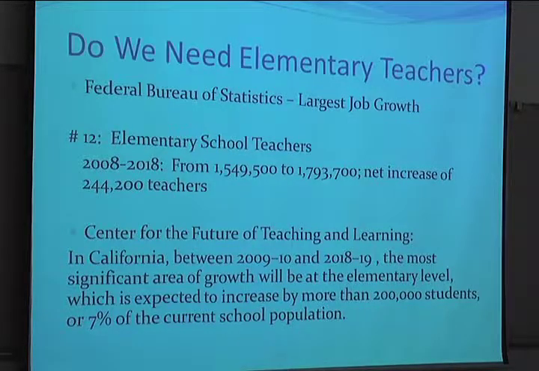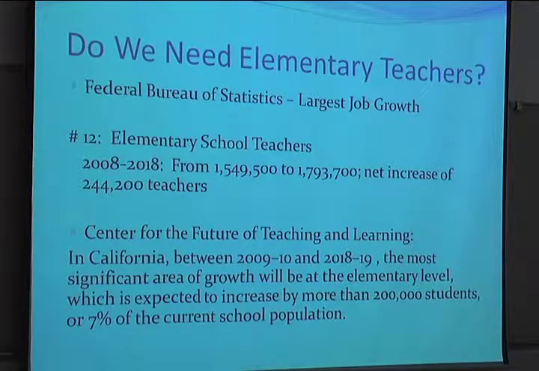So the statistics say that this is the largest amount of growth that's going to be happening in the next 10 years or so. From 2008 to 2018, we went from 1,549,500 to 1.7 million, an increase of 244,000 teachers.